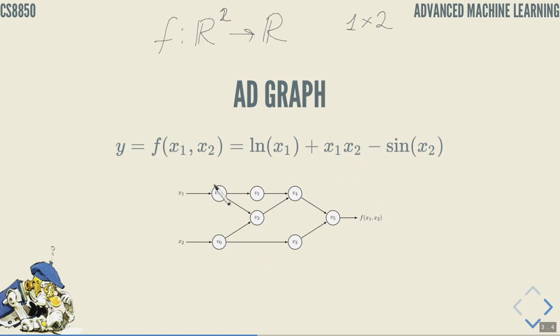X1 and X2 have to be stored somewhere. So they are stored in these values, V0 and V minus 1. And then the intermediate value of the product is here, V2, you multiply those two. And the intermediate value of, say, either sine or log, say log is here. Then you add them up together, log and sine, and the product has to be stored somewhere, the intermediate value.